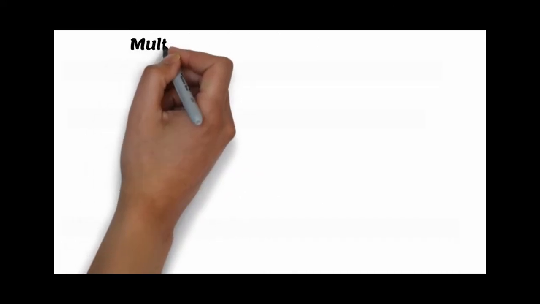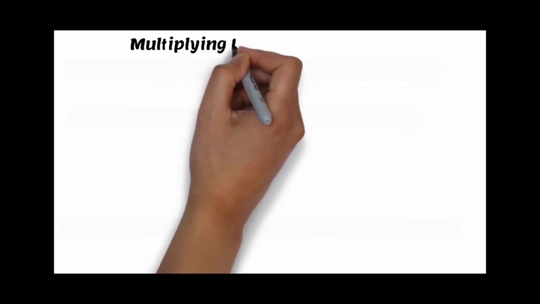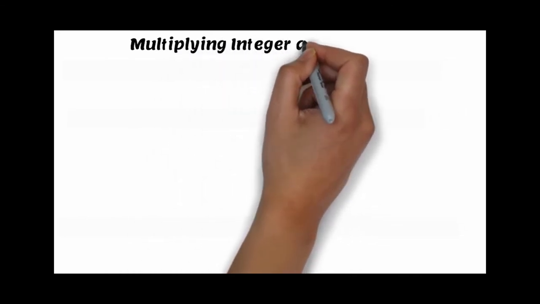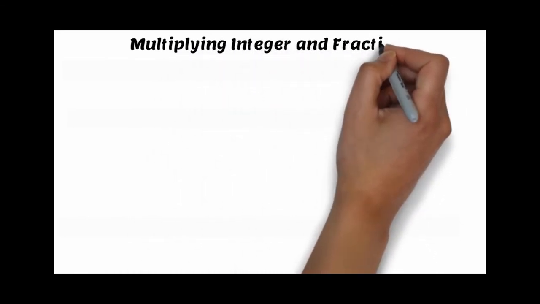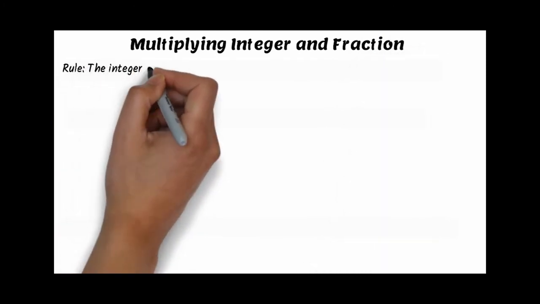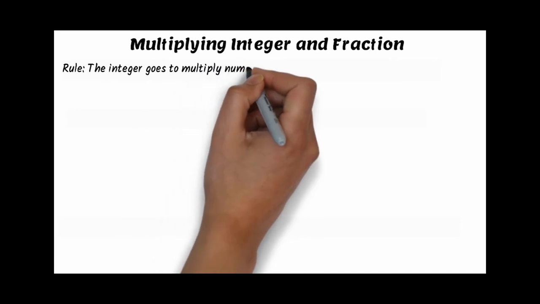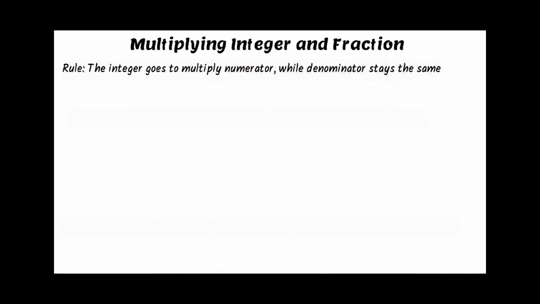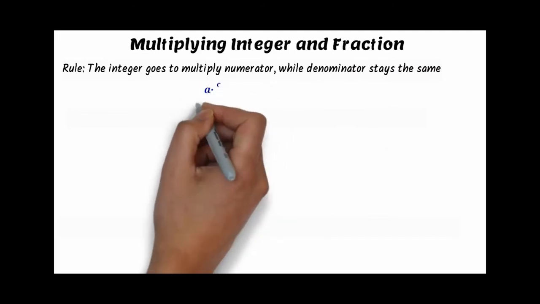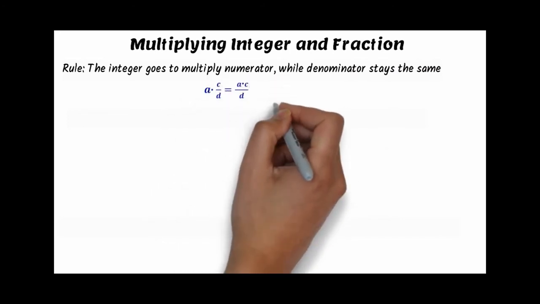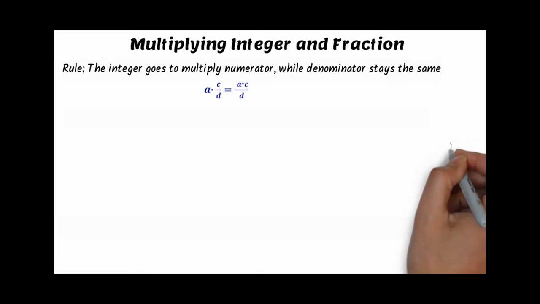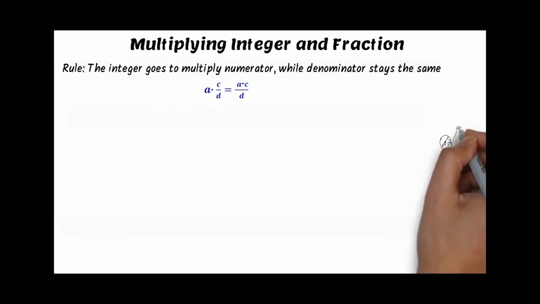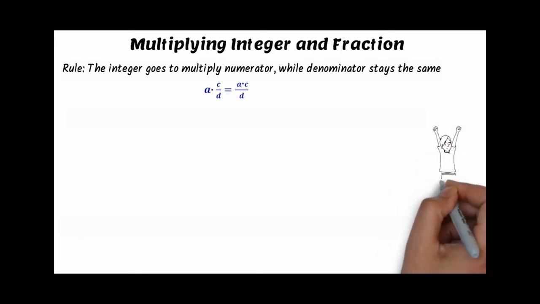Now let's look at what happens when we have an integer multiplied with a fraction. Multiply integer and fraction. In this case, the integer will be multiplied with the numerator of the fraction, and the denominator stays the same. So if I have integer a multiplied by a fraction c over d, then the resulting fraction is a multiplied by c in the numerator over d.